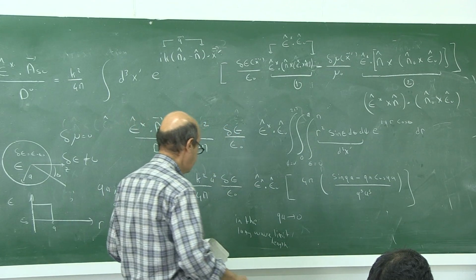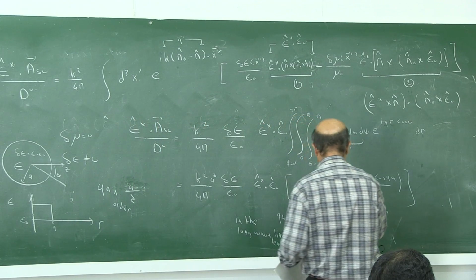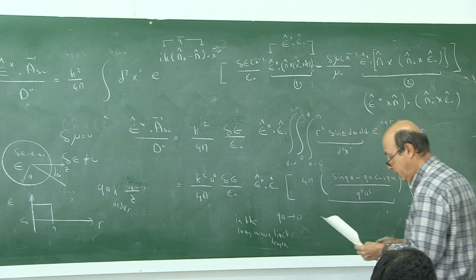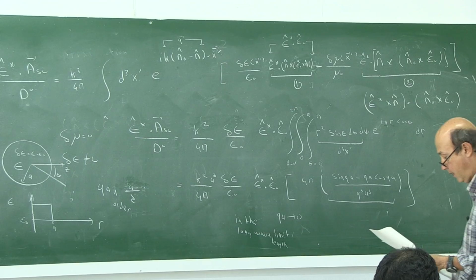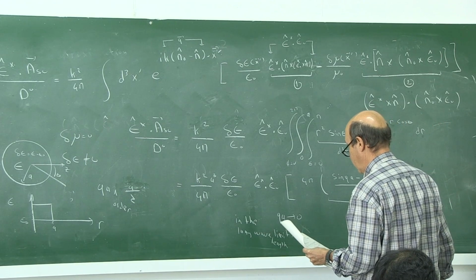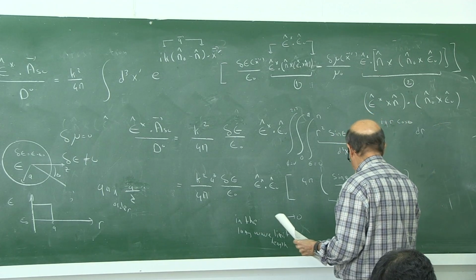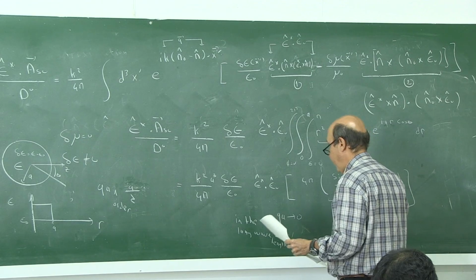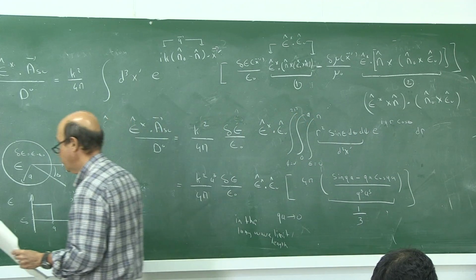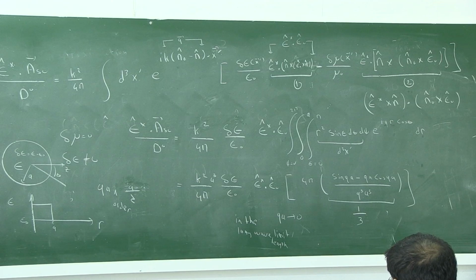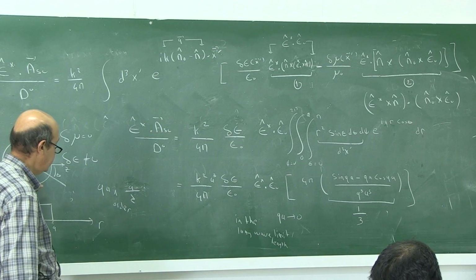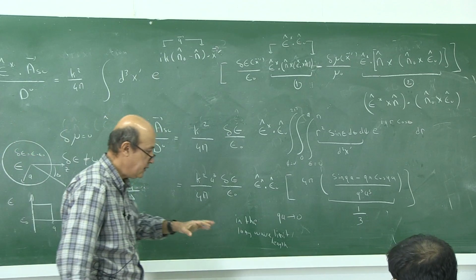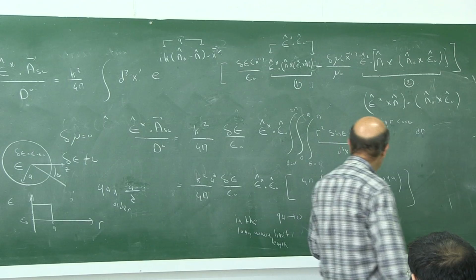So this part, when qa goes to 0, using L'Hopital's rule two times, is nothing but 1 over 3. I am trying to concentrate on the results, so I am leaving the integral and the L'Hopital rule application to you. So the basic thing, we have the variation in the dielectric constant due to one single sphere.